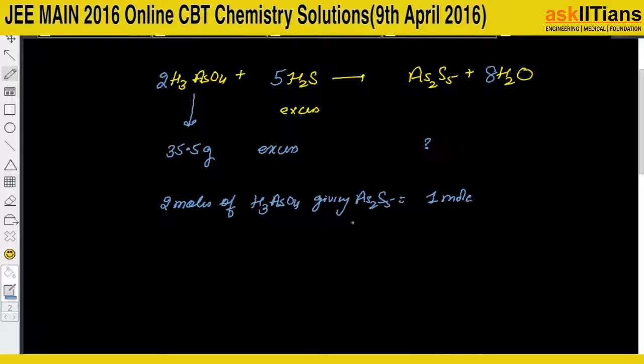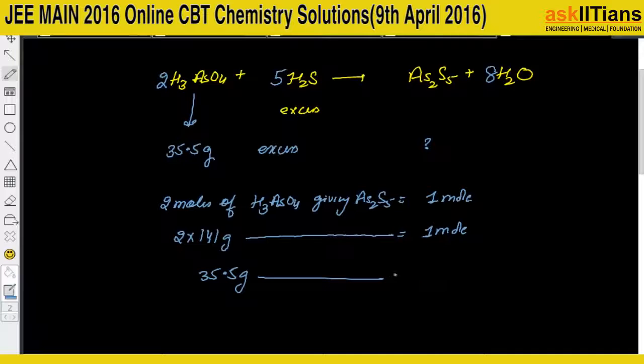That means 2 times 141 grams of H3AsO4 will be giving As2S5 equal to 1 mole. That means 35.5 grams of H3AsO4 will be giving As2S5 equal to 1 divided by 2 into 141 multiplied by 35.5 moles, and if you solve it, it will come out to be 0.125 moles.